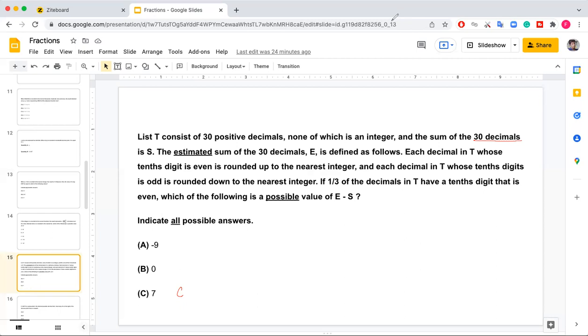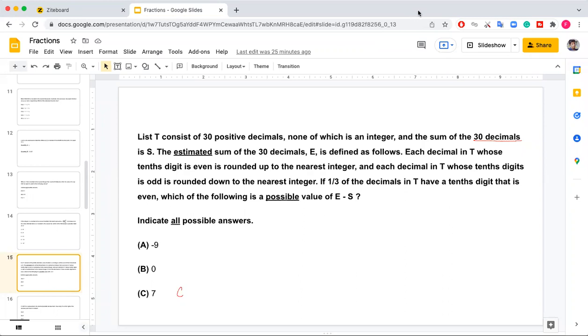And for 10, it will be rounded down. So the sum of E will be plus 10. Yes, proceed forward. And when you subtract S, taking the decimal part and adding it up, it can always be less than 10. So it will be something positive, E minus S.